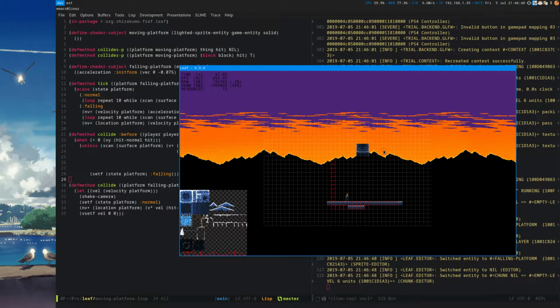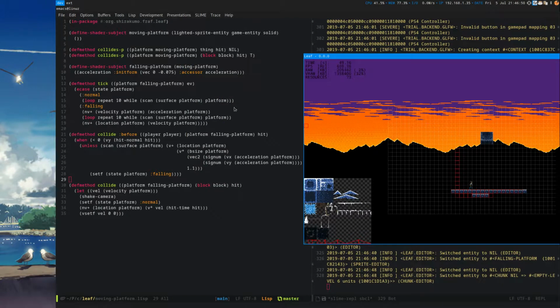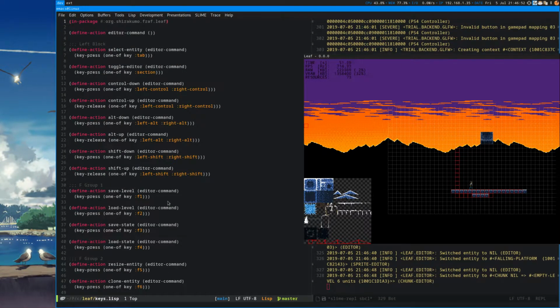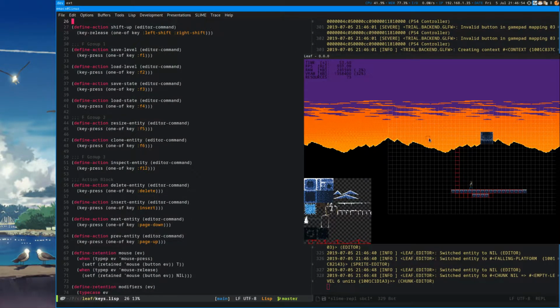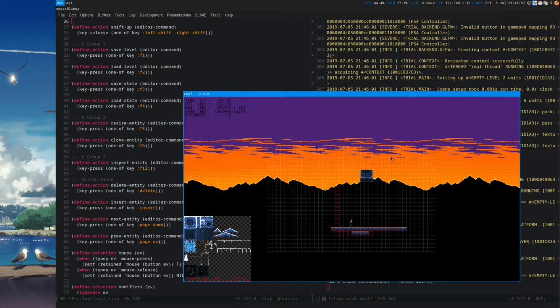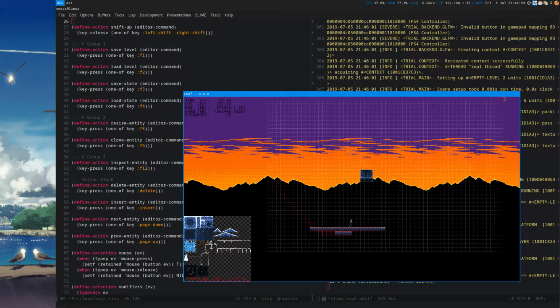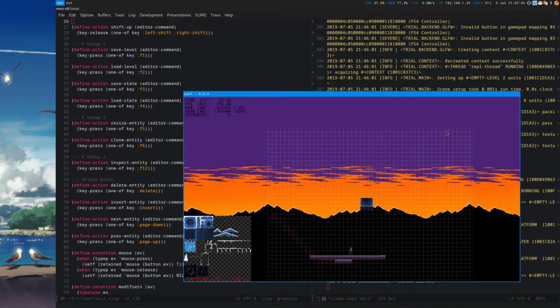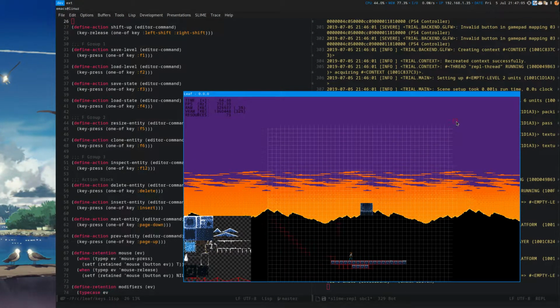How big is the thing? What was the resize key? I think it was F5. Resize F5. Yep. Let's make that nice and big. There we go.